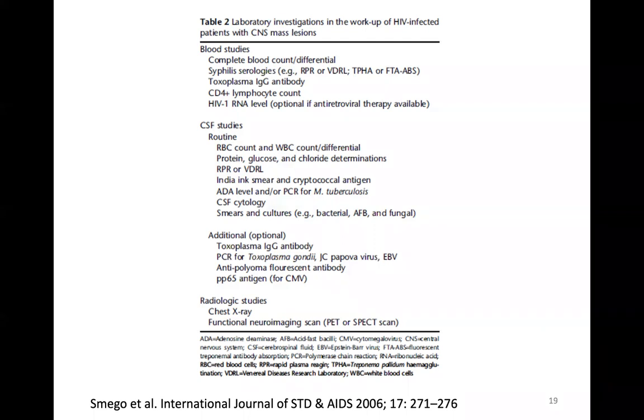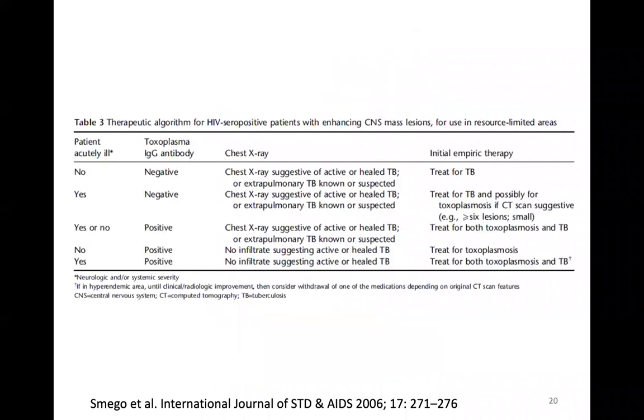All these things, when they come together at some point, they will give you some guidance. And ultimately, which is not included here, there might be a need for a biopsy if you are not finding your solution very quickly. So for a patient who's not acutely ill, and your toxoplasma is negative, most likely you are thinking of TB.